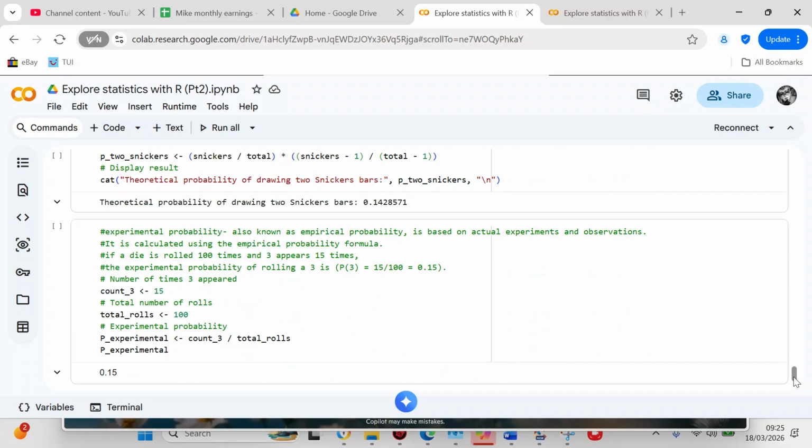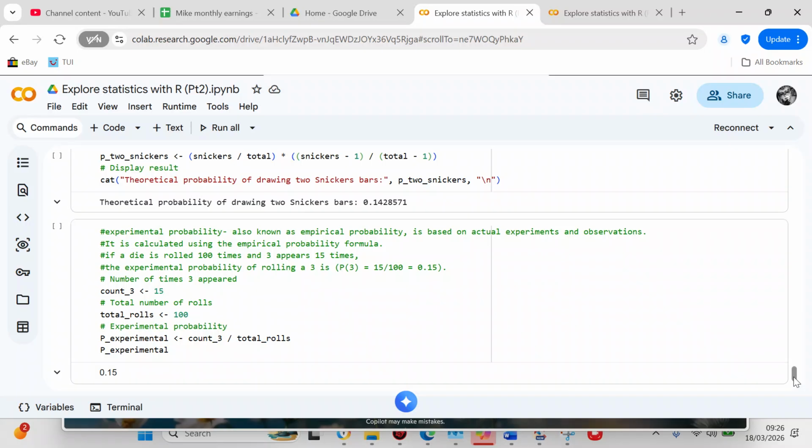And so we have a practice question. If a die is rolled 100 times and 3 appears 15 times, that means it's going to be 15%. The experimental probability of rolling a 3 is P3 equals 15 divided by 100 equals 0.15.